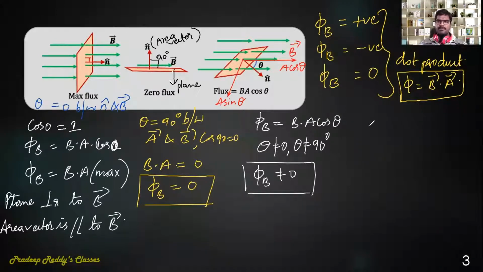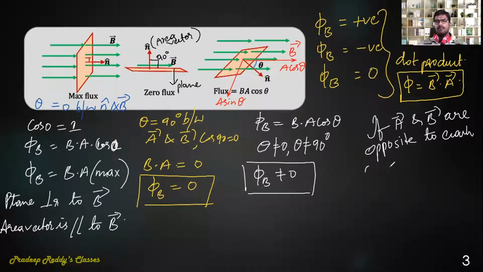Likewise, sometimes magnetic field and area vector may be opposite to each other. If A bar and B bar are opposite to each other, theta is equal to 180 degrees, cos 180 is equal to -1.